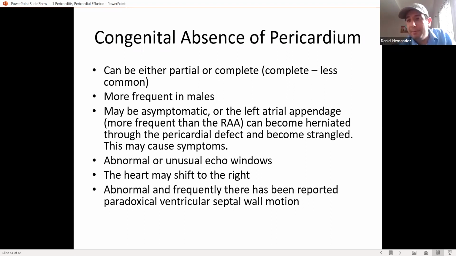So if you put your probe down and the views don't look just right, where you normally put your probe doesn't seem right, it may be due to this patient not having a pericardium holding the heart in place. So the heart may shift to the right. Abnormal, or frequently, there's been reported paradoxical ventricular septal wall motion.